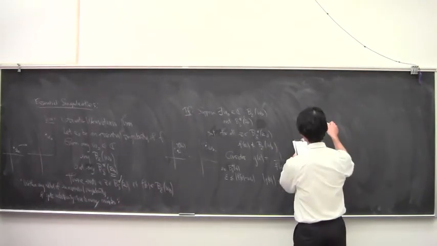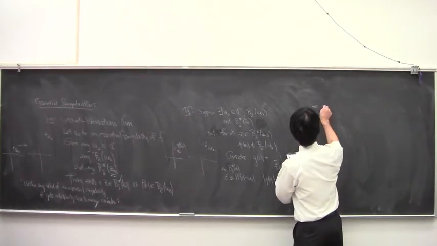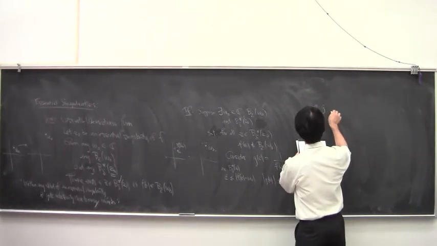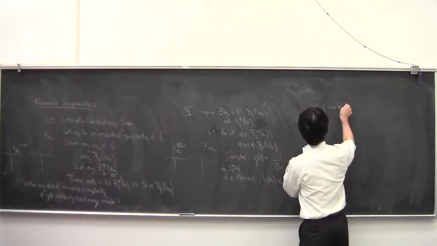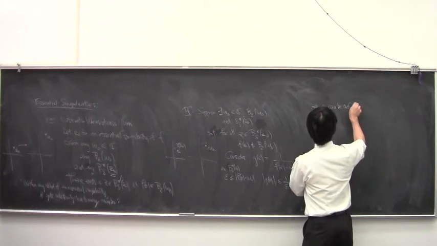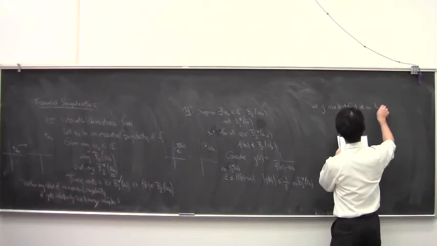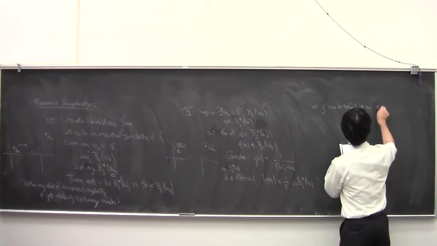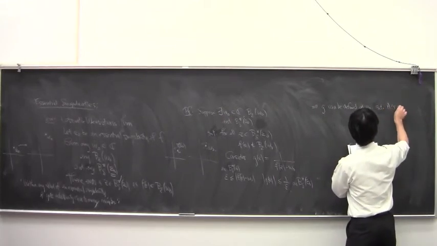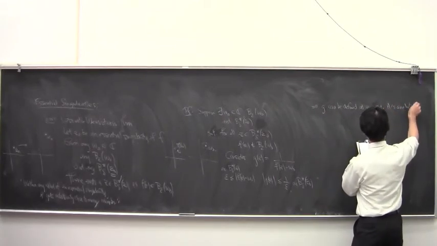So g can be defined at z naught to make it holomorphic.